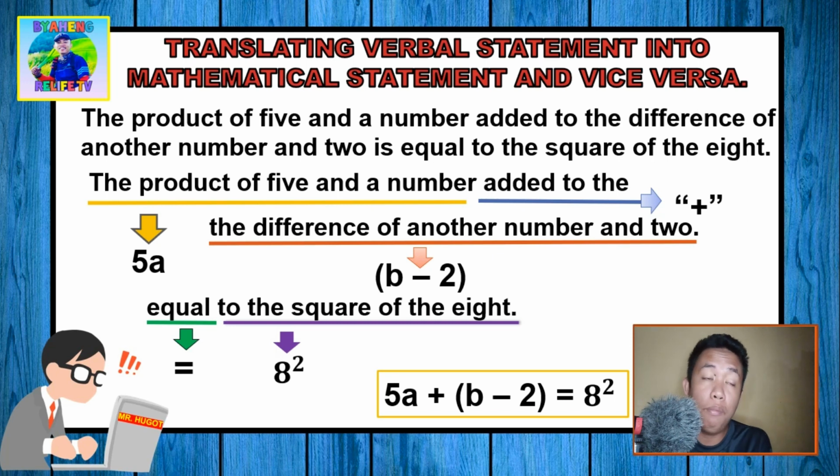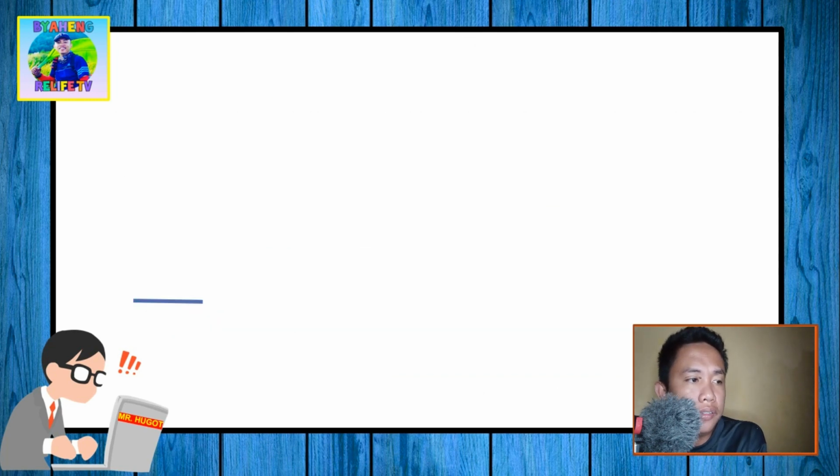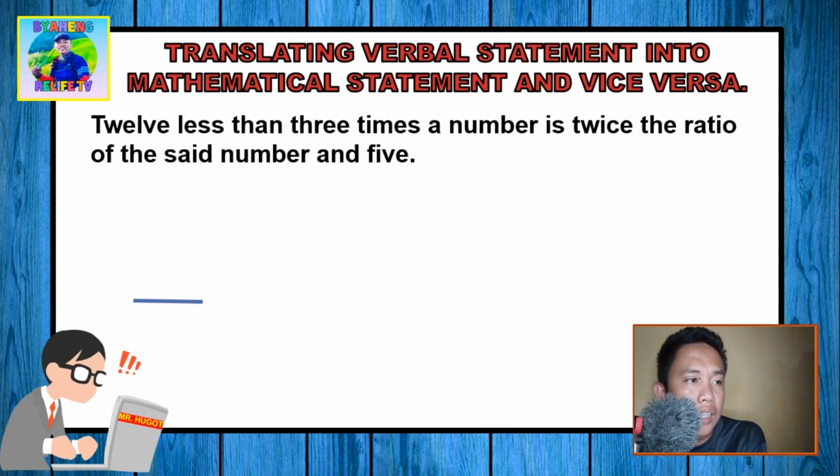At guys, when you are translating a problem, kailangan po dahan-dahan. Huwag kayong masyadong magmamadali. Kasi yun ang problema natin, pag nakita na ng keyword, yun na agad. Pero try nating i-imagine muna guys yung problem natin kung tatama ba siya o magiging swak sa ating kasagutan.